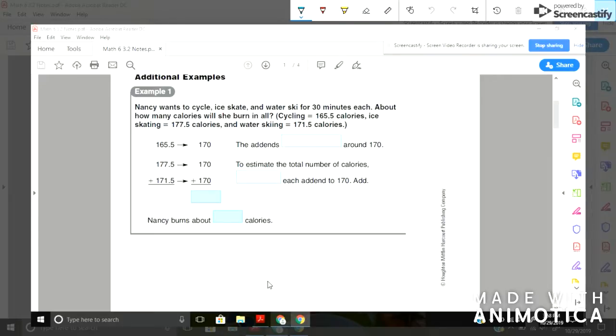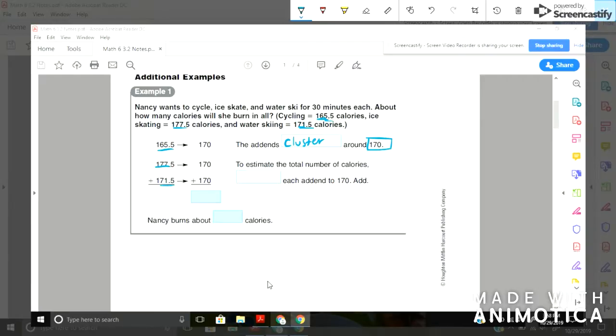Well, it tells us that cycling burns 165.5 calories, ice skating burns 177.5 calories, and water skiing burns 171.5 calories. You'll see we are going to want to use the cluster method because all of these three numbers are really close to 170. Okay, so you'll see that here. They estimate each and every one of these numbers to 170.